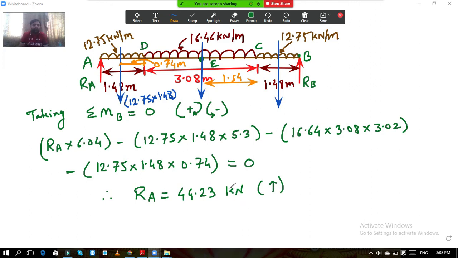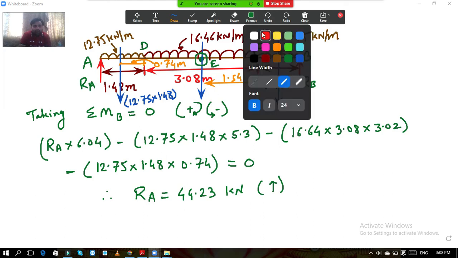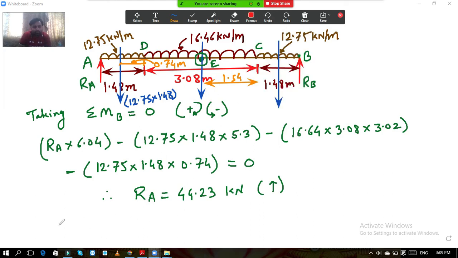Okay, so as we know now, the maximum bending moment will be at point E. The maximum bending moment is at point E. So we will take the section at point E and consider the left hand side equilibrium.